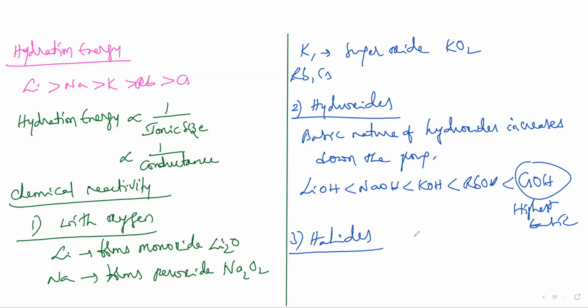So what type of halides they will form? NaCl, NaI. That means MX type. Example, NaCl, KCl, like that. Okay.